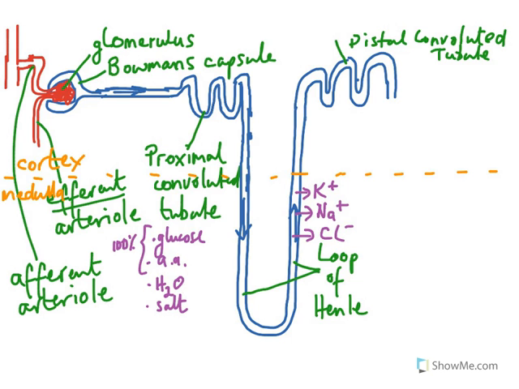So the last stage then is, once the filtrate has left this distal convoluted tubule, then it enters a collecting duct, and this is a larger tube, but if you like, it's considered like the drain for a lot of different nephrons.